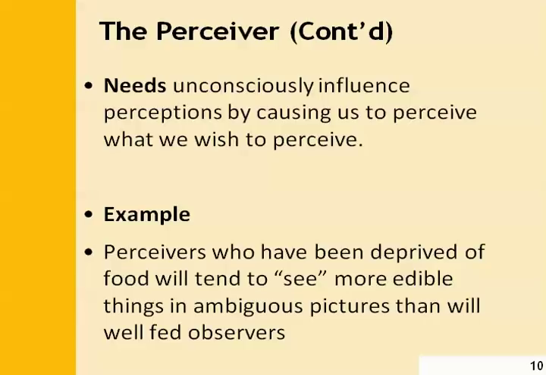The people who were hungry, when they were shown ambiguous pictures, unclear pictures with unclear drawings, saw these drawings as edible things, as things that they can eat. Why? Because they were hungry. Yet the other people who were well fed did not see the ambiguous drawings as edible things.